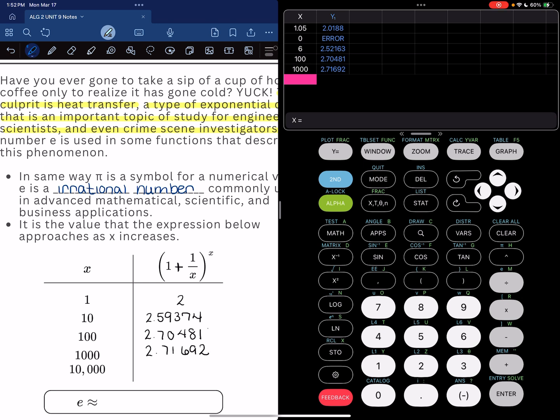There we go. At 1,000, it's 2.71692. So I am continuing to plug in larger and larger values for this graph, looking at what's happening here as we go out to infinity. Now 10,000. What do we get? 2.71815.